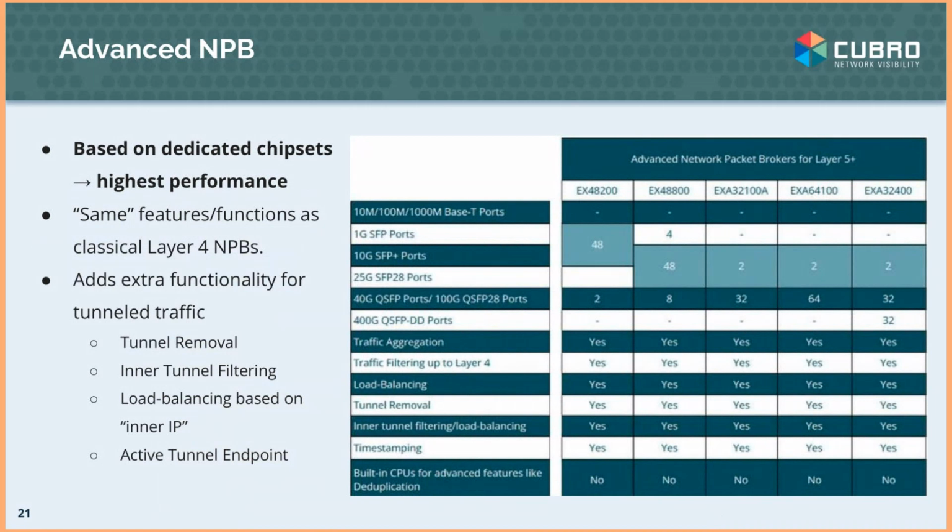Of course, we have all the features from layer 4, plus some extra functionality for tunnel traffic. So if you are thinking about tunnels and there is tunnel traffic, and maybe some complicated tunnels, then it's always the advanced. If you just have more standard IP version 4, IP version 6, then the aggregator classical is maybe fully enough. Also, classical has some tunnel features, but never comparable to this one, of course.